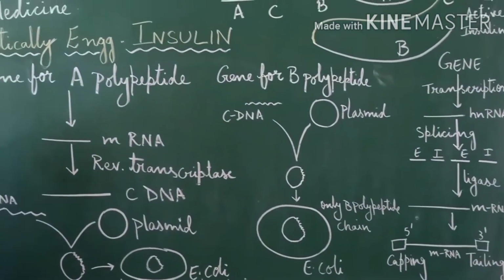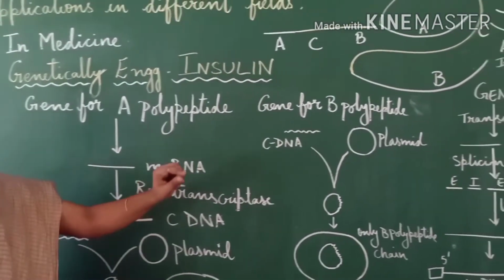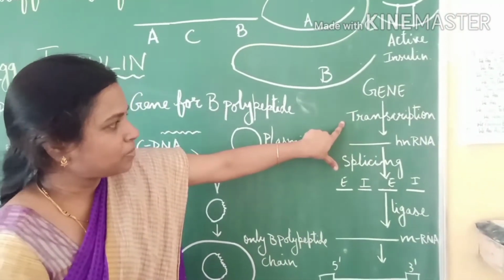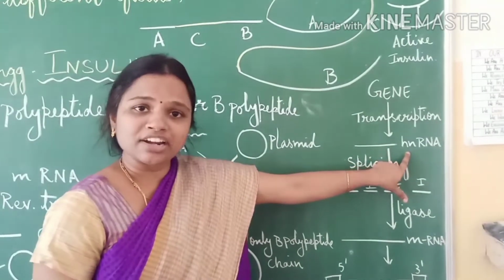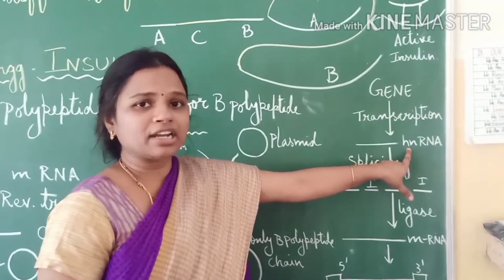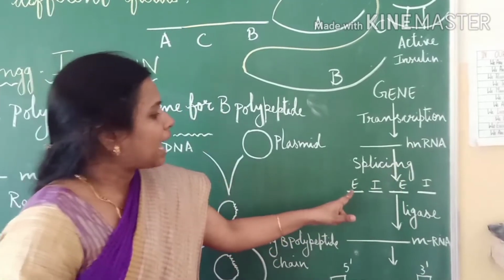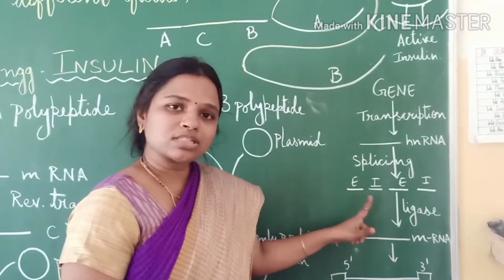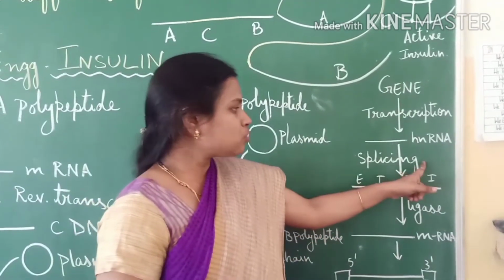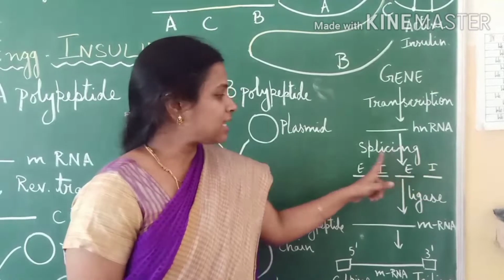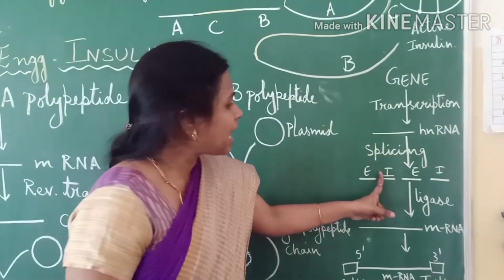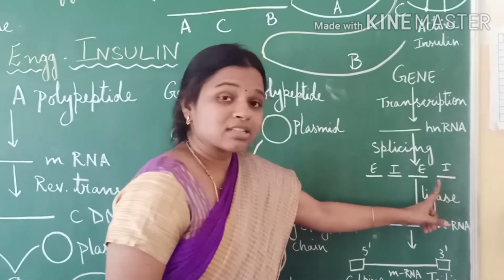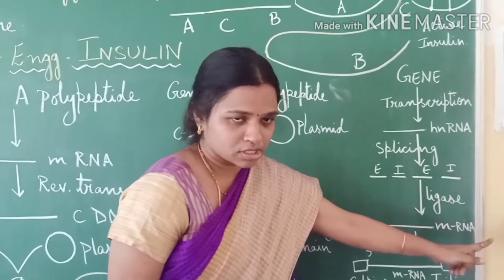Now, in actual protein synthesis, when a gene is transcribed, first hnRNA is formed. This hnRNA consists of both the coding and the non-coding sequences, the exons and the introns. By the process of splicing, these exons and introns are separated and the introns, the non-coding sequences, are removed.